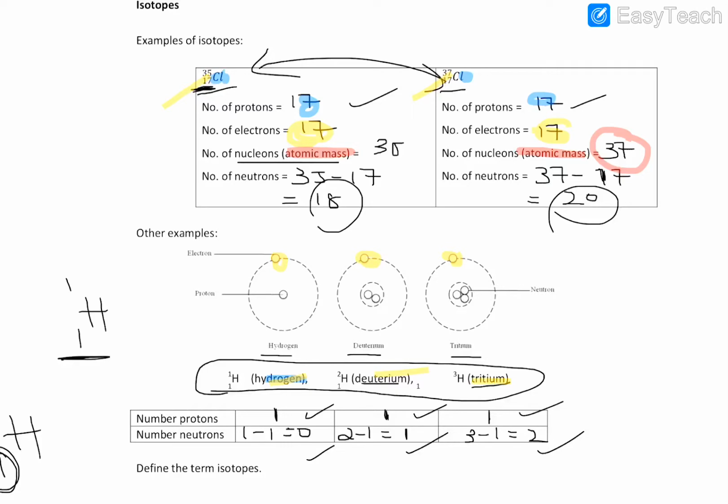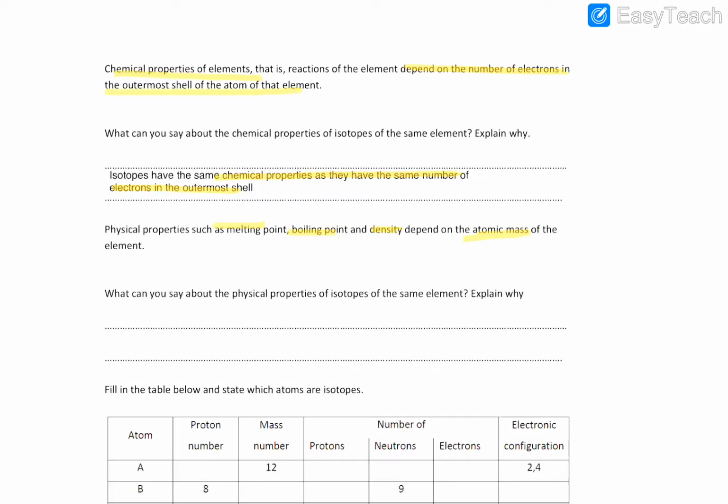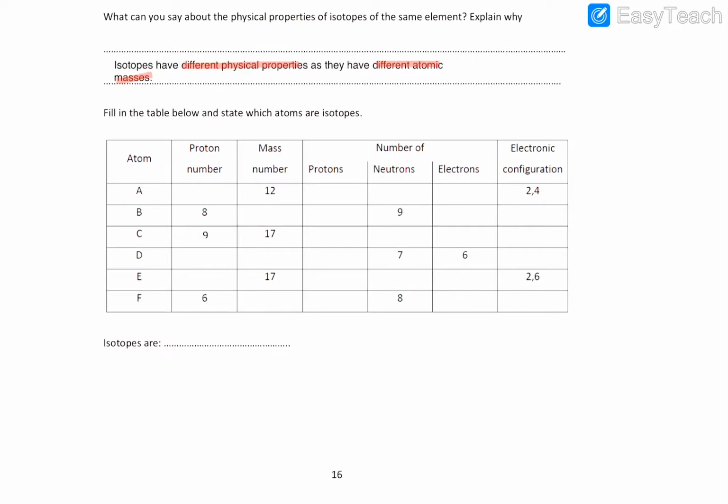So that's the answer: they have different physical properties as they have different atomic masses. You're going to complete this table and find which of these atoms are isotopes.